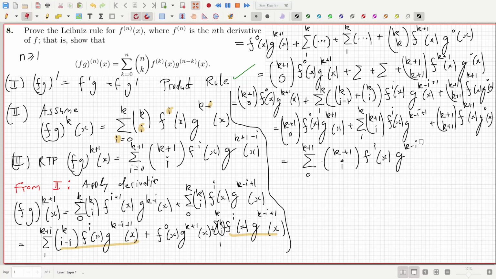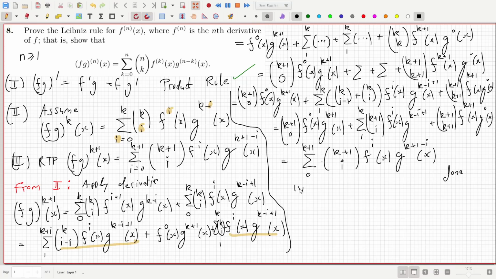And actually, I'll write it as k plus 1 minus I, just so I can match up exactly with what we're trying to get to here. So if you put in 0 here, you would get the first term. Yeah, you would. Yeah. So this is done.